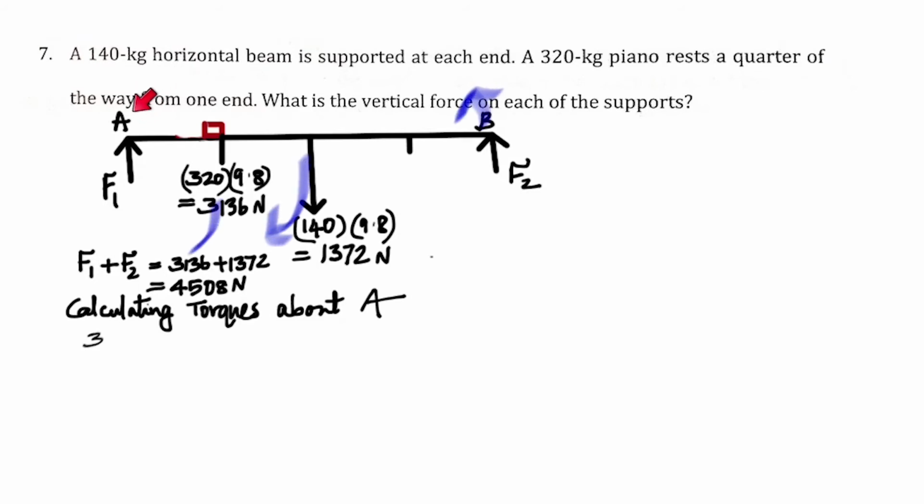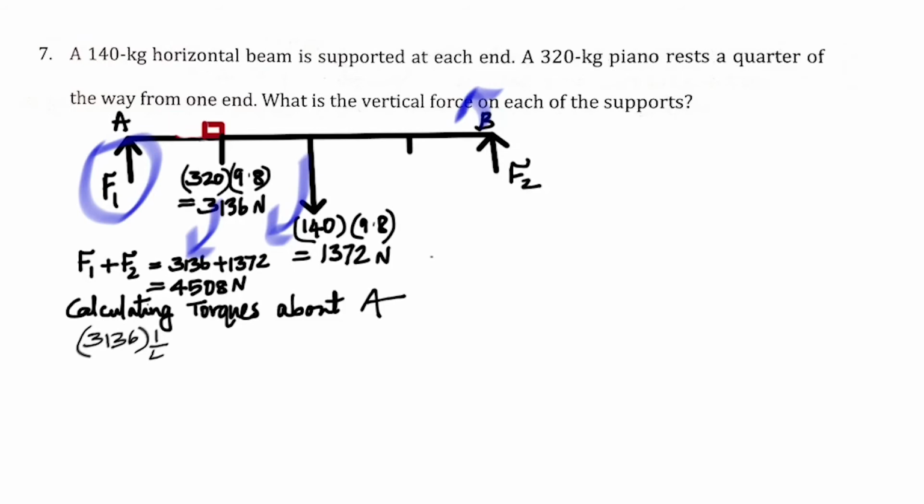That means there will be no torque due to F1 because it's right at that point. And also that means that this and this both will create a clockwise torque, both trying to rotate it clockwise, while this reaction is trying to turn it counterclockwise. See that?